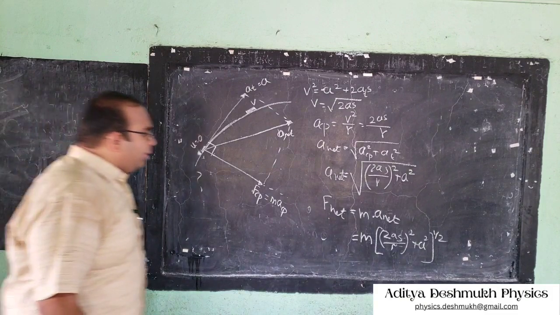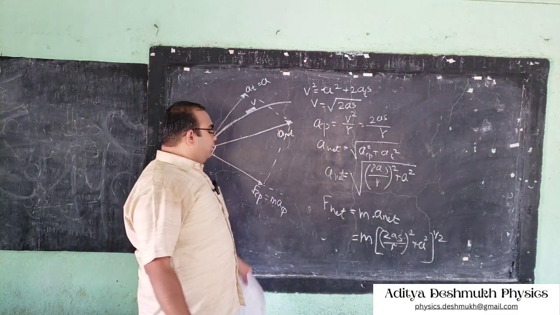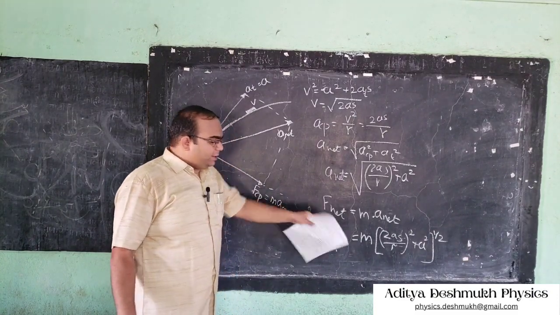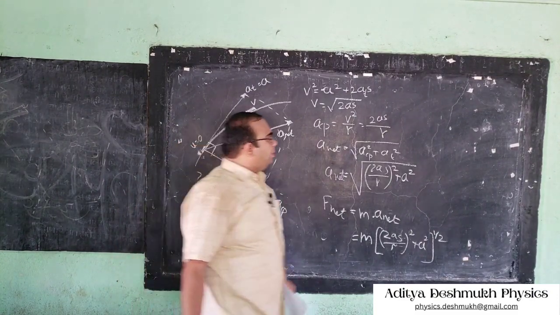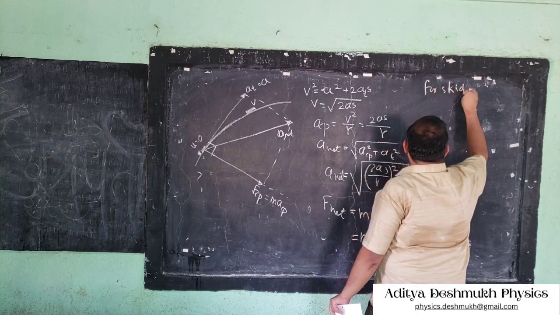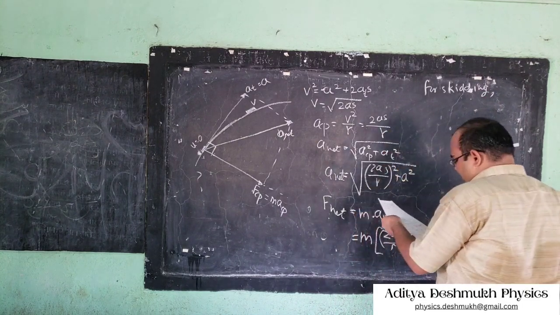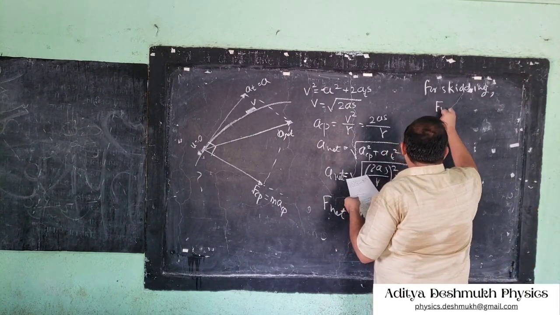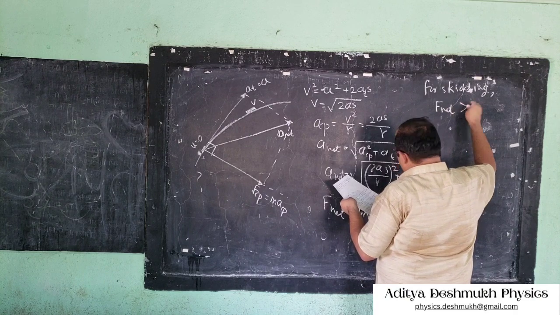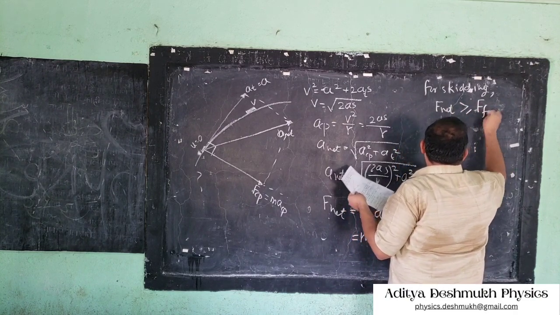So for preventing skidding, frictional force should be greater than F net. But for skidding, my this force F net should be greater than or equal to frictional force.